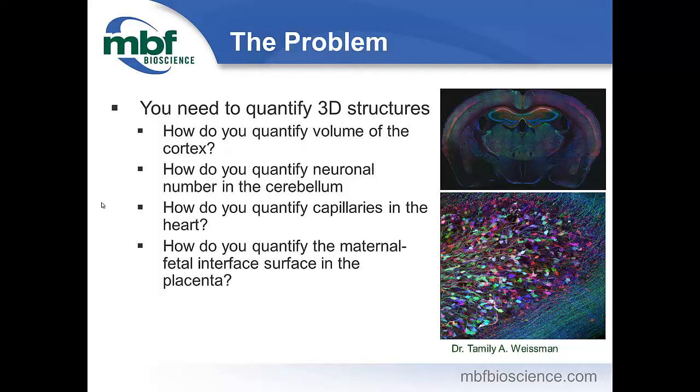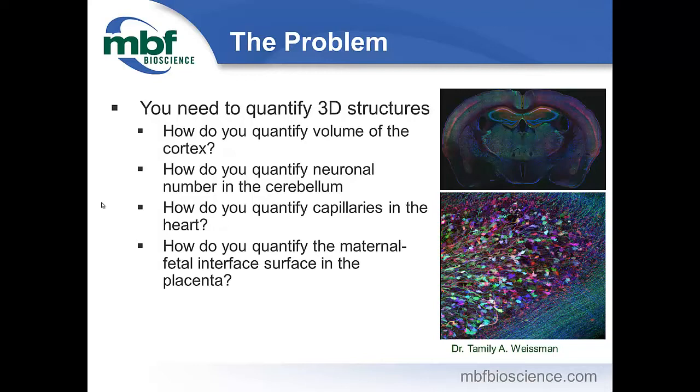Right, and so if you take this conceptual understanding of these features that you want to quantify and then apply them to our lives as scientists, we may be interested in quantifying, say, the volume of the cortex or how many neurons there are in the cerebellum. Sue and I are both neuroscientists, so we tend to think of the brain a lot, but obviously stereology can be used in any organ.